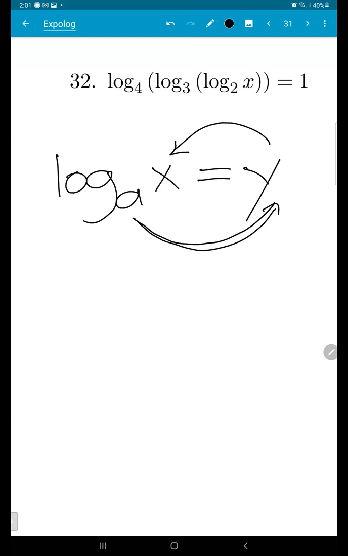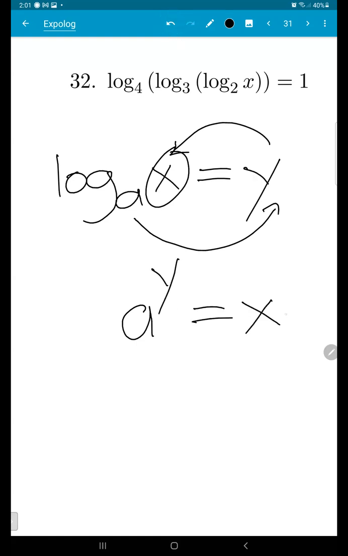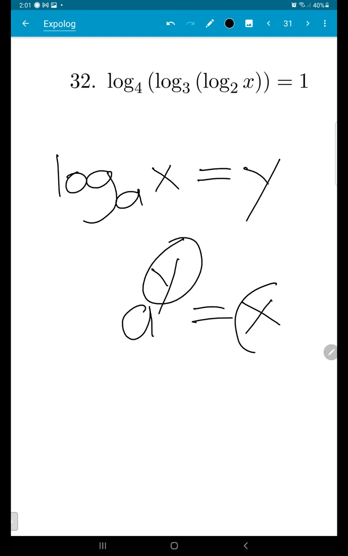You should have the same base. Start with the a, and instead of x as the input, we now have y. A to the y equals x. Note that here the input is x and here the input is y, the output is x. They have the same base. One is logarithmic in form, the other is exponential.